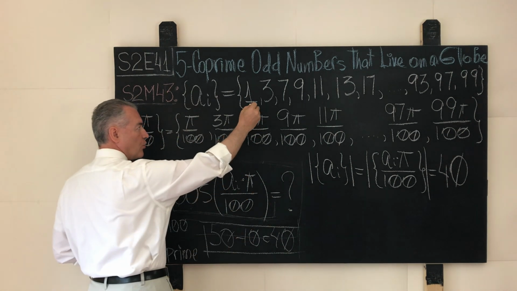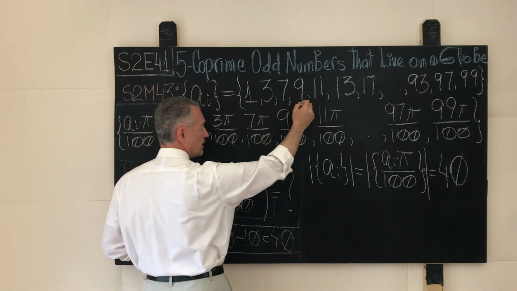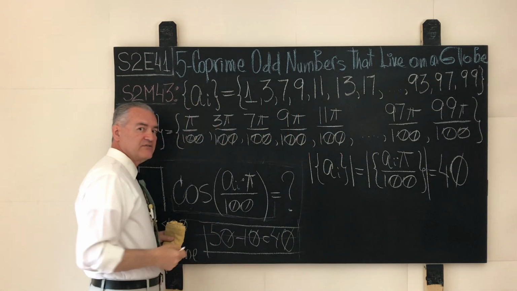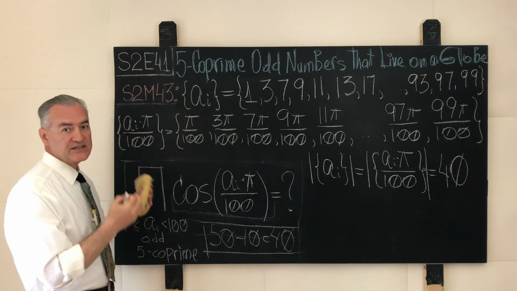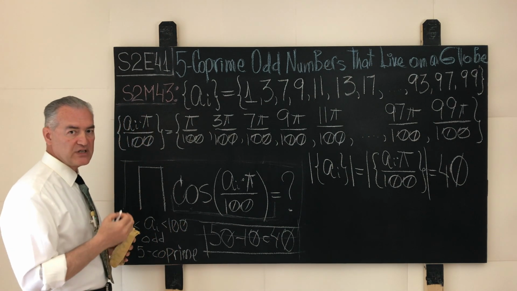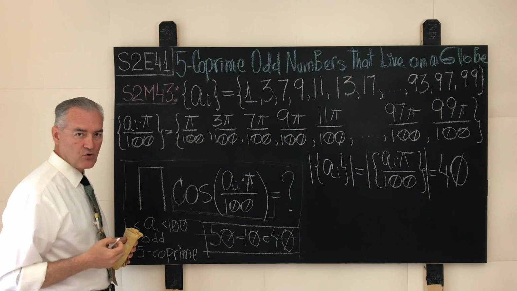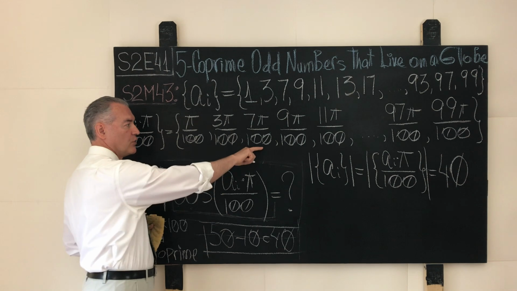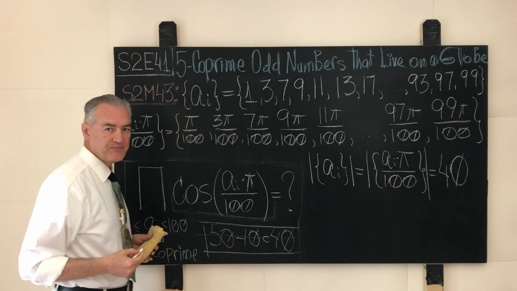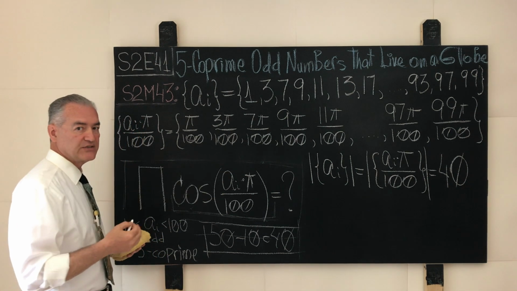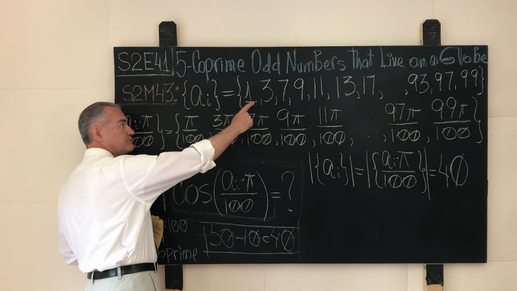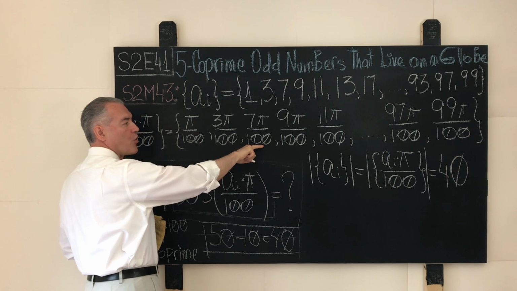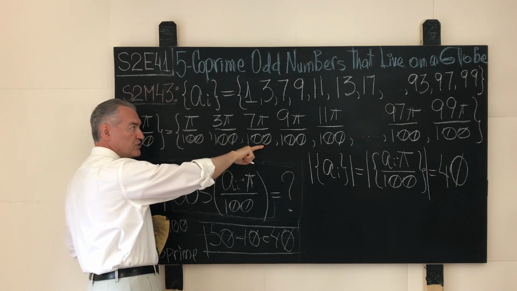That set is 1, 3, 7, 9, 11, 13, 17, and so on, 93, 97, 99, which is the embodiment of the return value of Euler's totient function evaluated at the argument of 100, which is basically the set of all the whole positive numbers between 1 inclusive and 100 that are coprime with 100.